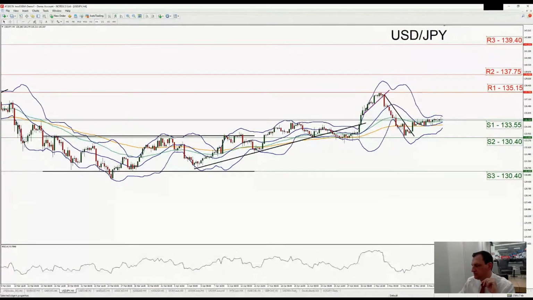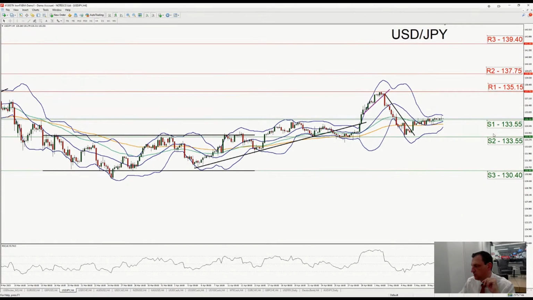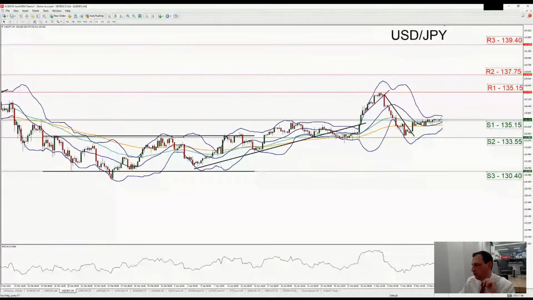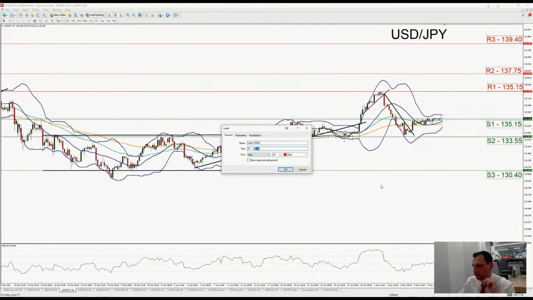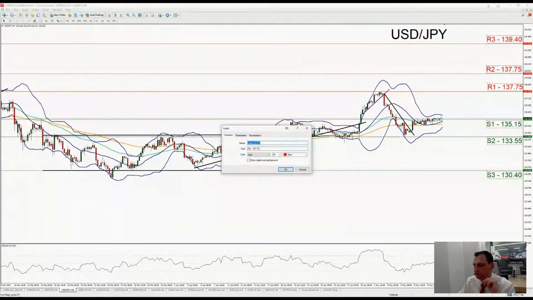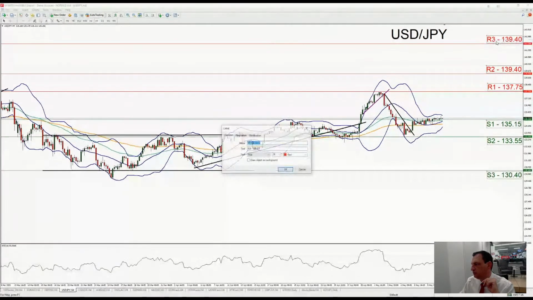The S3 now being placed at 130.40, the S2 at 133.55, the S1 at 135.15, the R1 at 137.75, there are two at 139.40 and there are three at 142.20.